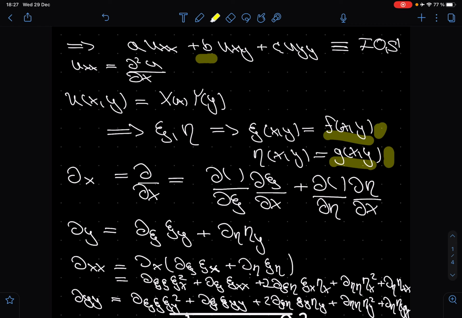So actually we want to have an equation which gives us, let me put that in color, the canonical form: b u_xy equals first order stuff, or another first order stuff, because it doesn't matter if we divide by b.